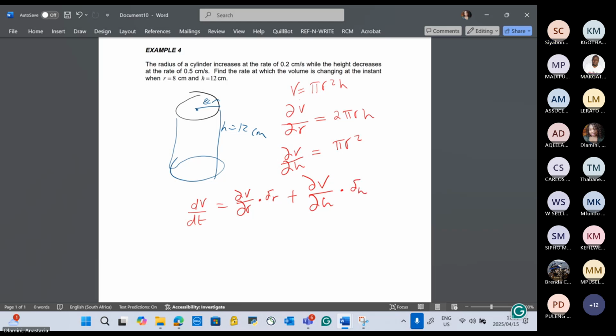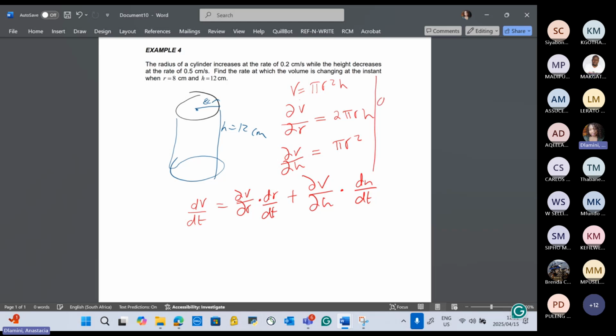Is it okay? Does it look okay? No, I don't think so. It should be divided by dt, ma'am. Thank you, because it's the rate of change. So dr over dt and dh over dt. Where's dh and dt here?